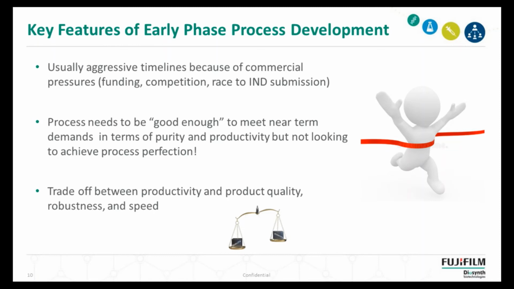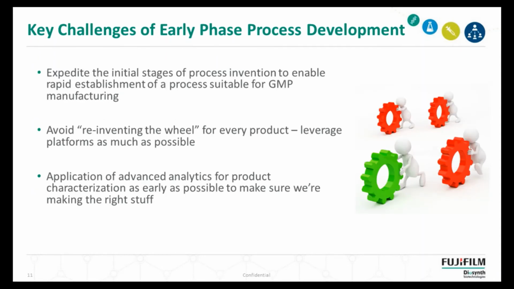So key features of early phase development are aggressive timelines, usually because of commercial pressures. The process needs to be good enough to meet near-term needs in terms of purity and productivity. But remember, you're not looking to achieve process perfection in those early stages. So usually it's a trade-off between product quality, productivity, robustness, and speed.